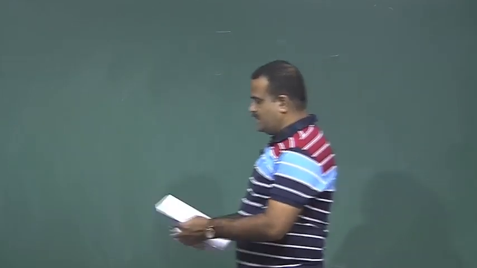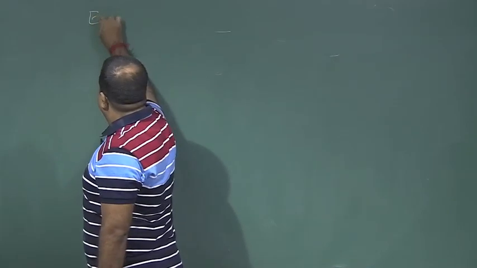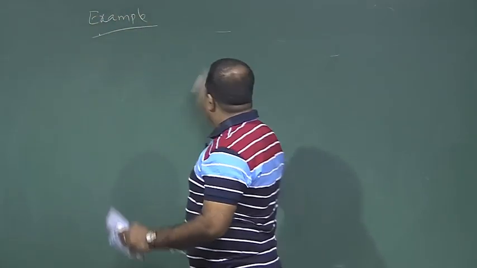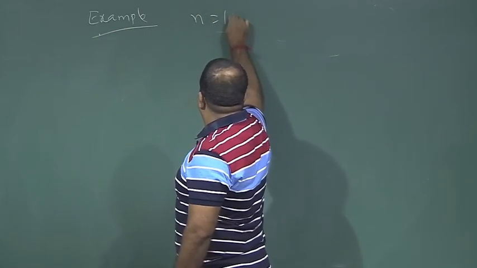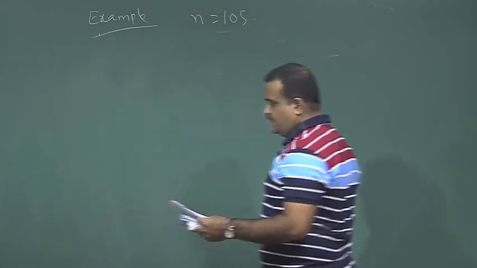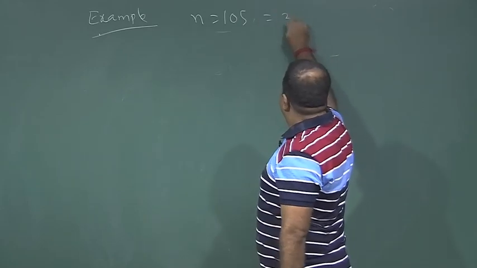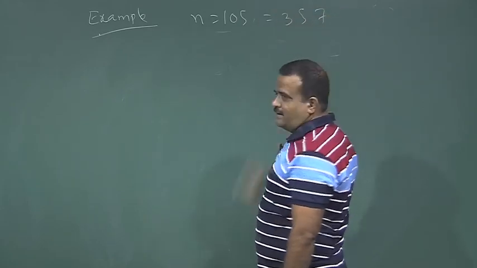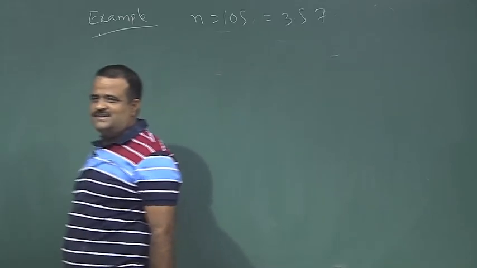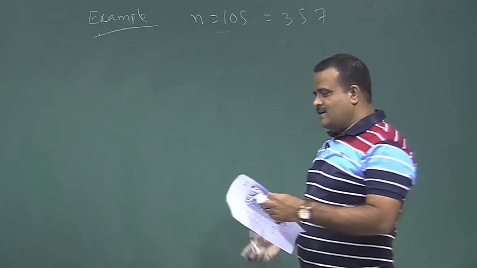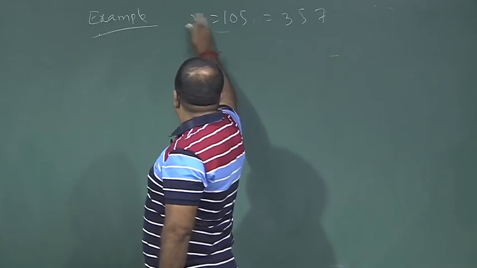So, let us take some example. Suppose we choose n equal to 105. We know 105 can be factored, but we are pretending that we do not know this, we are unable to factorize it.